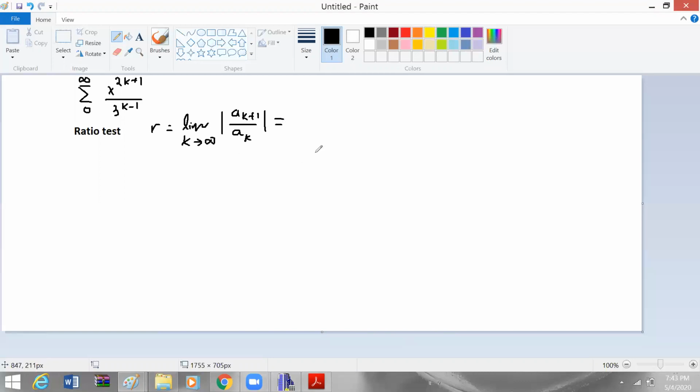Given that, we need to rewrite the k plus 1 term with respect to the limit as k goes to infinity. You increase the power by 1, so that'll be x to the 2k plus 1. Remember, you have to replace k by k plus 1, plus 1, over 3 to the k plus 1 minus 1, which is 3 to the k.